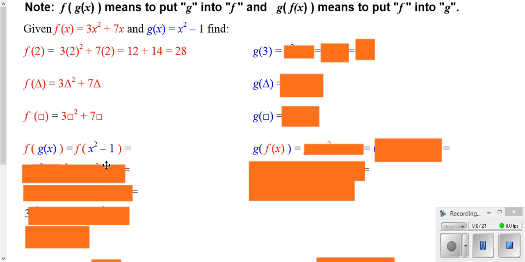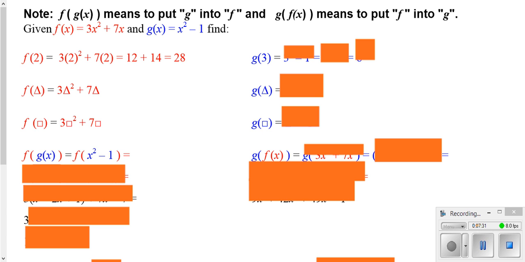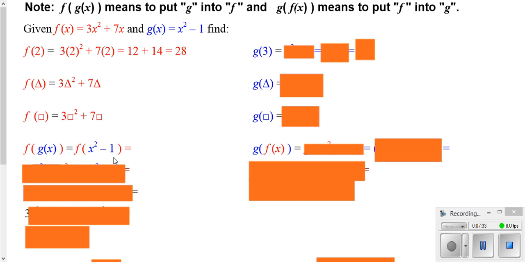So g is x squared minus 1. Now I want to take this blue and plug it in for each one of these boxes, triangles, or x's.